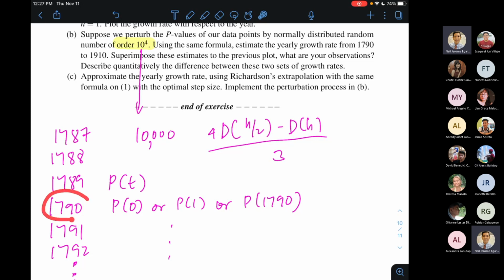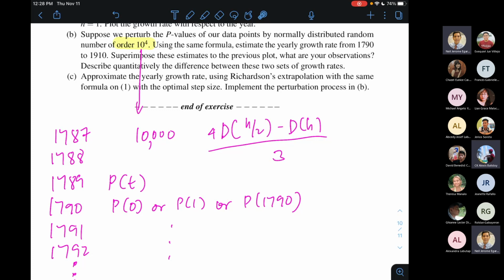So gagamitin nyo yung data kay 1790, data kay 1789, 1788, and 1787. Okay? Yeah, I'll just need to clarify that with the lab instructor concerned. Thank you, CK, for bringing that up. Mukhang nag-start na magsagot si CK, no? So I hope you guys will do the same.